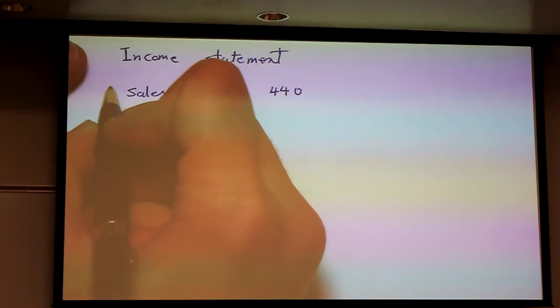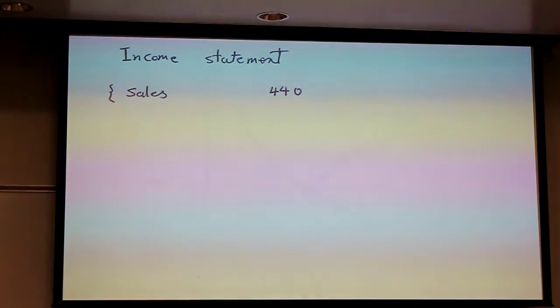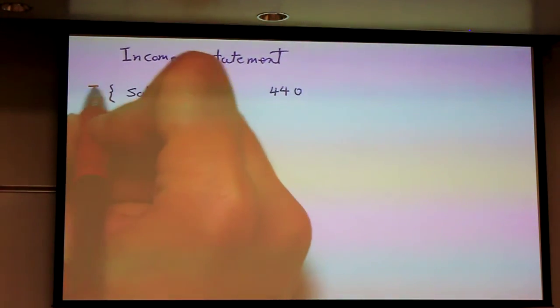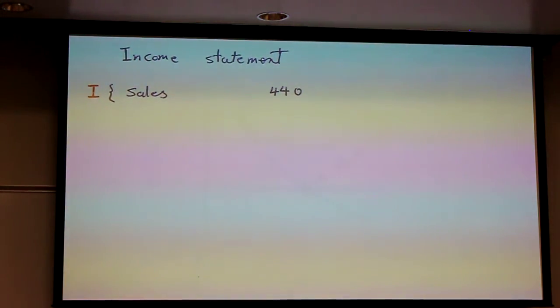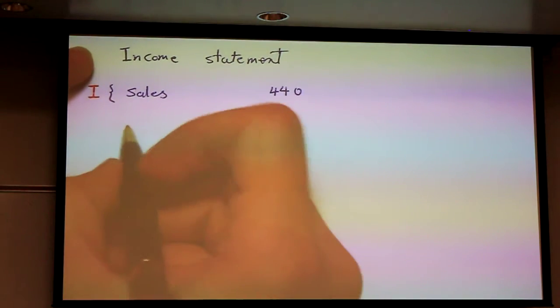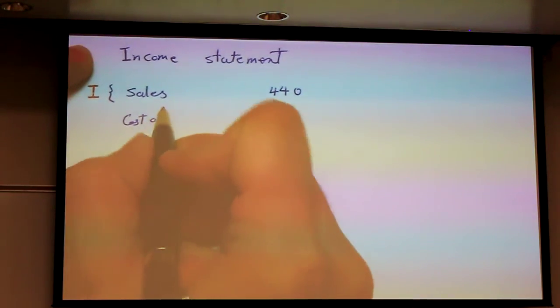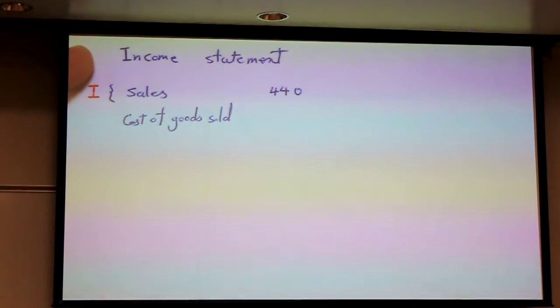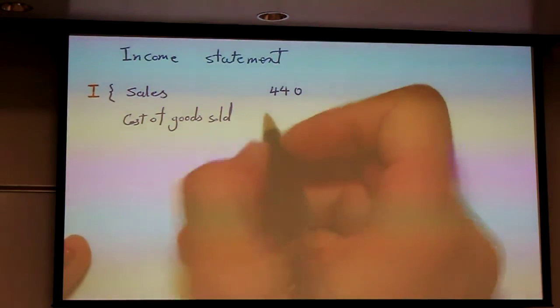Then this is my income, written here with my red pen. The other items are going to be my expenses, including cost of goods sold, 140.